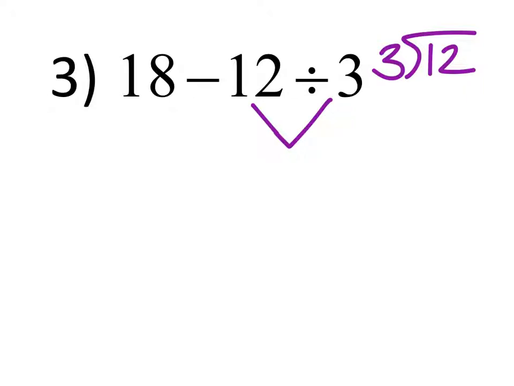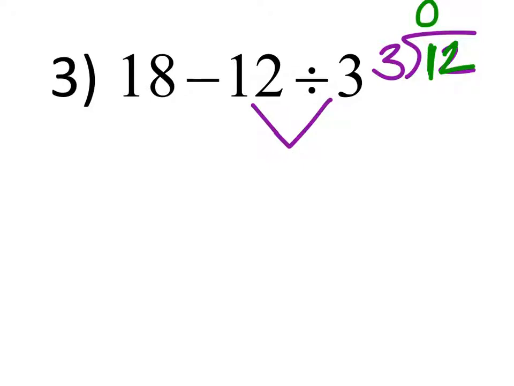So we look at this one, and I know you guys may know what 12 divided by 3 is. That's okay. But we start with the number farthest to the left. How many times does 3 go into the 1? It doesn't, right? It doesn't go into it, certainly not evenly. Does 3 go into 12 then? Because now we're going to treat it like a 12. How many times does 3 go into 12?